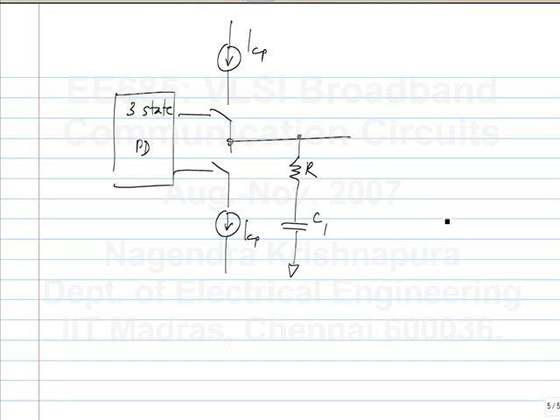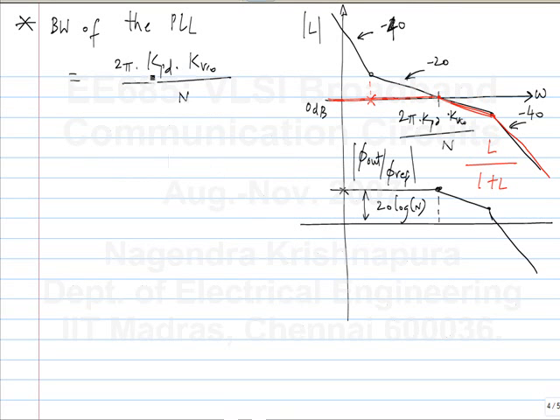So this is my phase detector plus loop filter. What is the bandwidth in this case? The only thing we need to know is KPD, right? The other two are outside. ICP R by 2 pi. So this is the bandwidth.